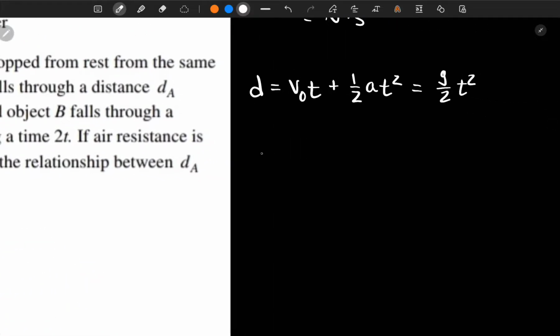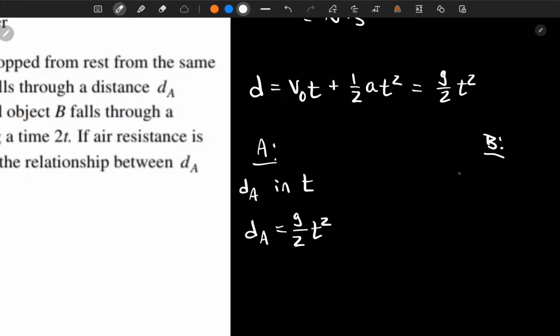Then, we have two cases, one where we're dealing with the A object, and one where we're dealing with the B object. For the A object, we travel a distance dA in time t. That is, we have the distance dA is equal to g over 2 t squared.